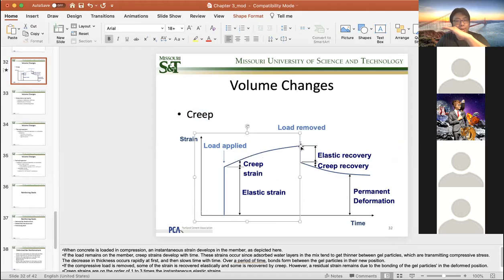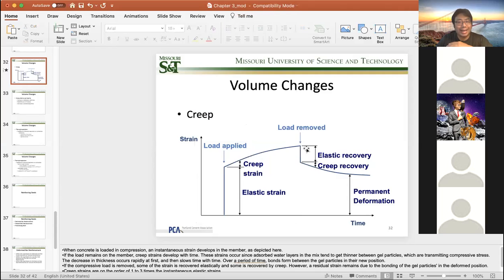Say you then unload it and remove the loading. First, it will go through an elastic recovery, meaning this part of the strain will recover. Then it will go through a creep recovery, meaning some of the creep strain will recover, but you still end up with a permanent deformation, which is quite a big portion in terms of creep.